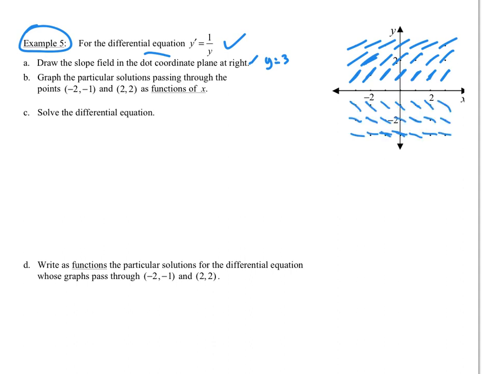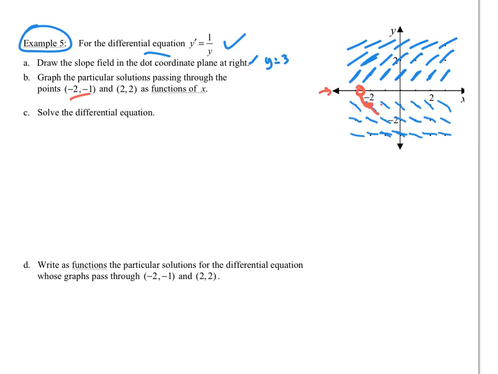Now if you look at what they asked me to do, graph the particular solution. So for instance, if I start and drop my hat in the water at -2, -1, I'd be right here. Now notice I have this kind of separation point again. Probably going to run into trouble there, so I'm going to make sure that when I go this way, I'm going to have the open segment there.